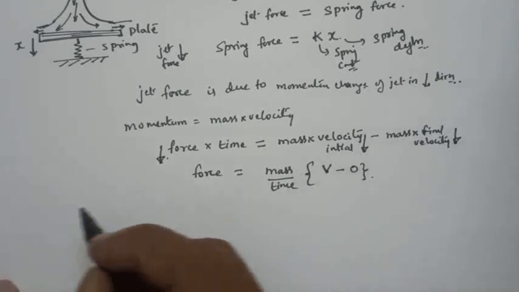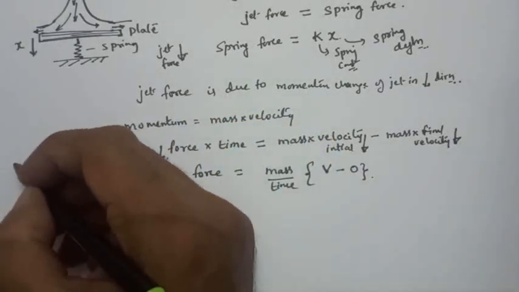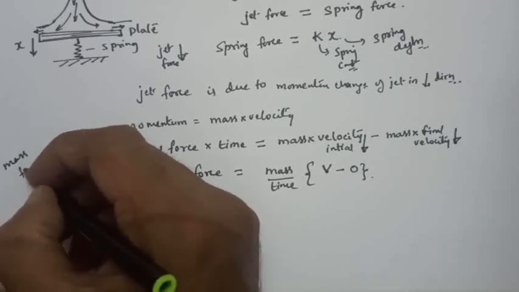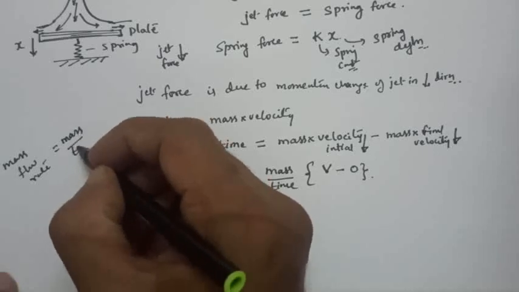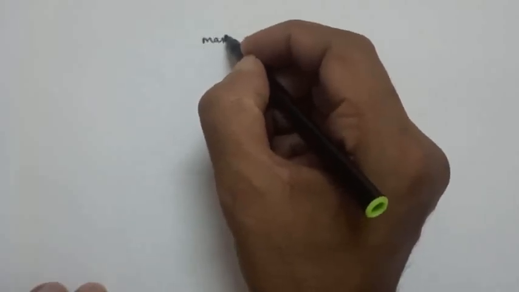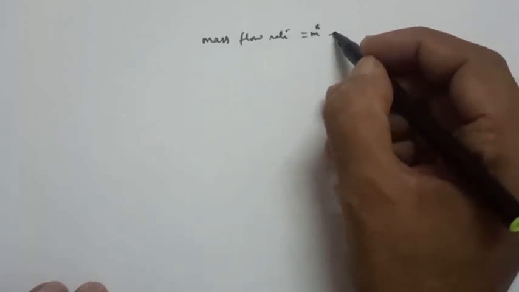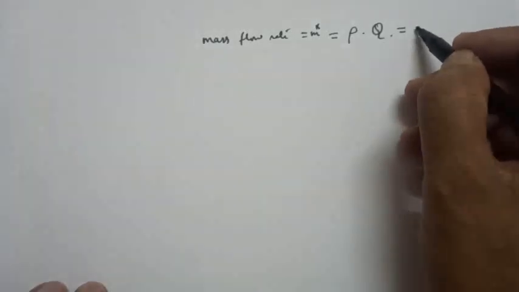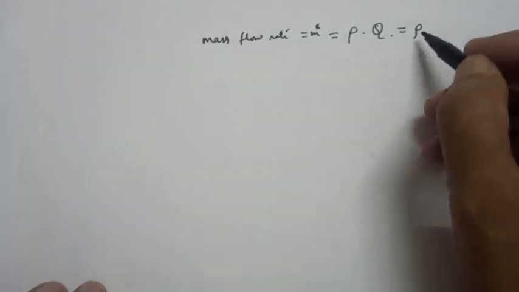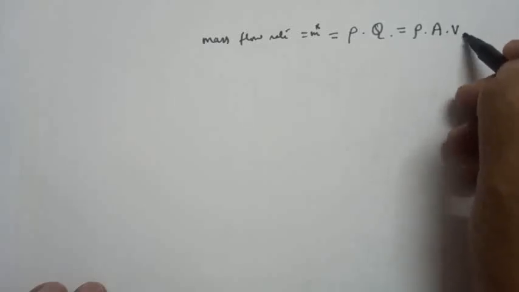So mass by time will be the mass flow rate. Mass flow rate m star is equal to density into volume flow rate, which is area of the jet into velocity.